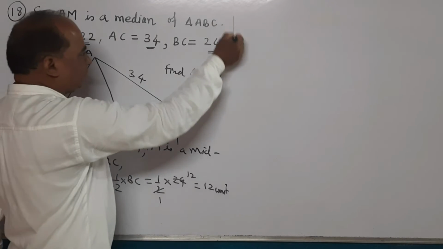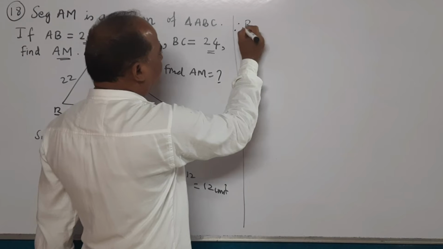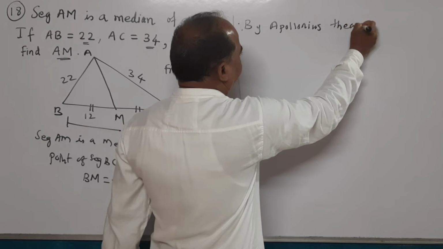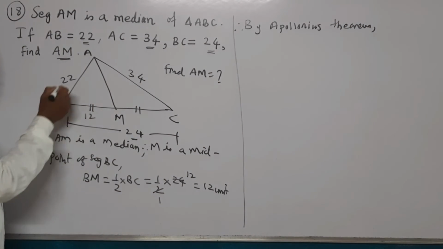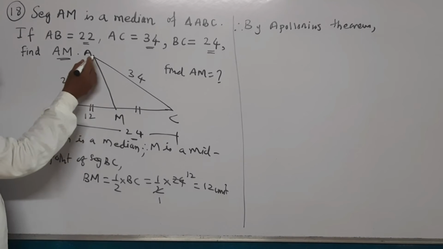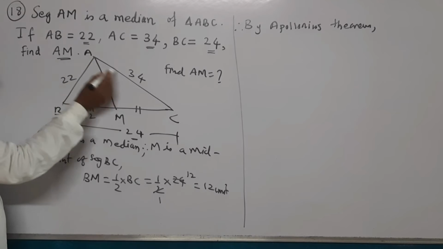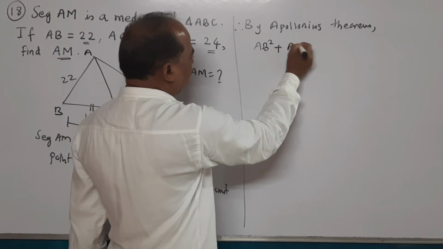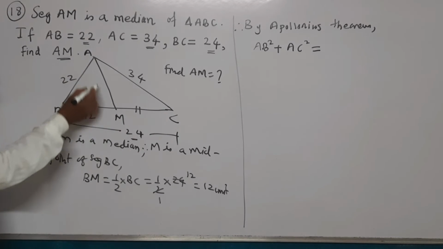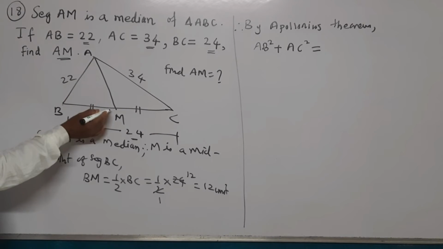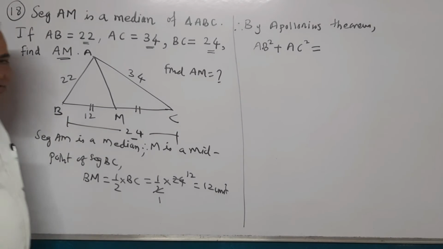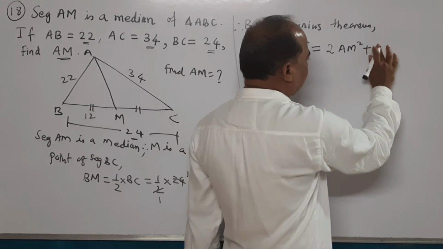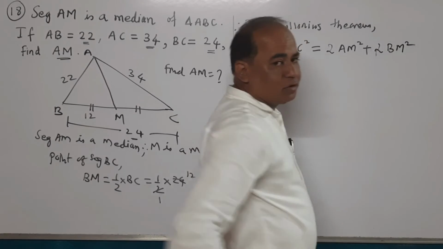So by Apollonius Theorem, the sum of the squares of the adjacent sides of vertex A, AB square plus AC square, is equal to 2 times AM square plus 2 times BM square.